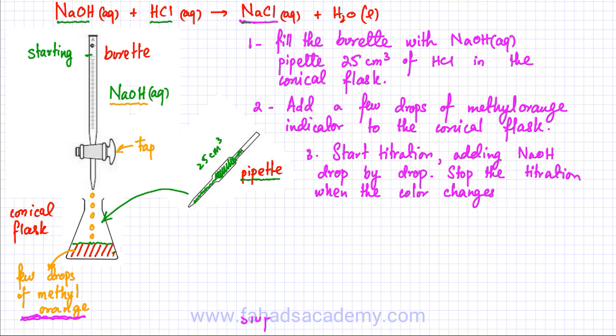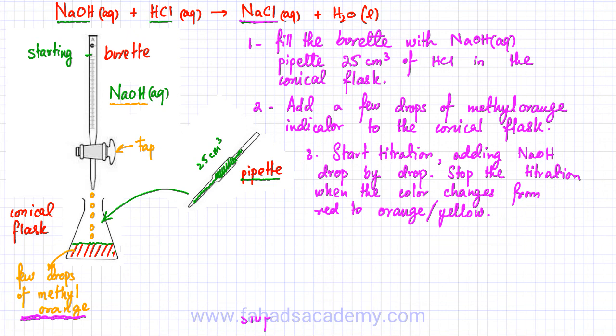And in the case of methyl orange, it's going to be red in the beginning, and when the NaOH is in excess, it's going to turn orange yellow. So the color changes from red to orange yellow. So that's your third point.